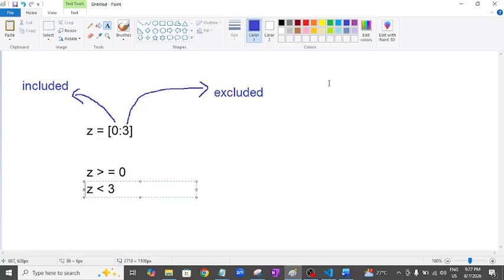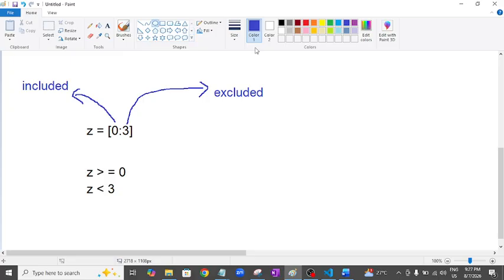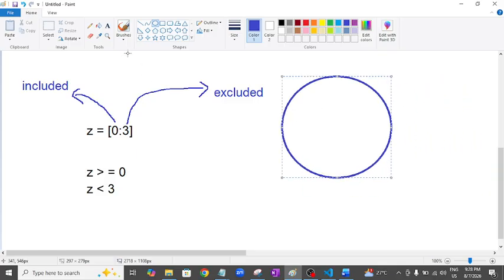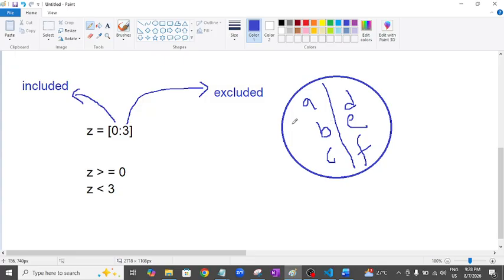I have a classroom. Let me show you a classroom. In this classroom, how many students are there? A, B, C, D, E, F, nothing but these are the students. Maybe my drawing is not very good, but you should bear with it.